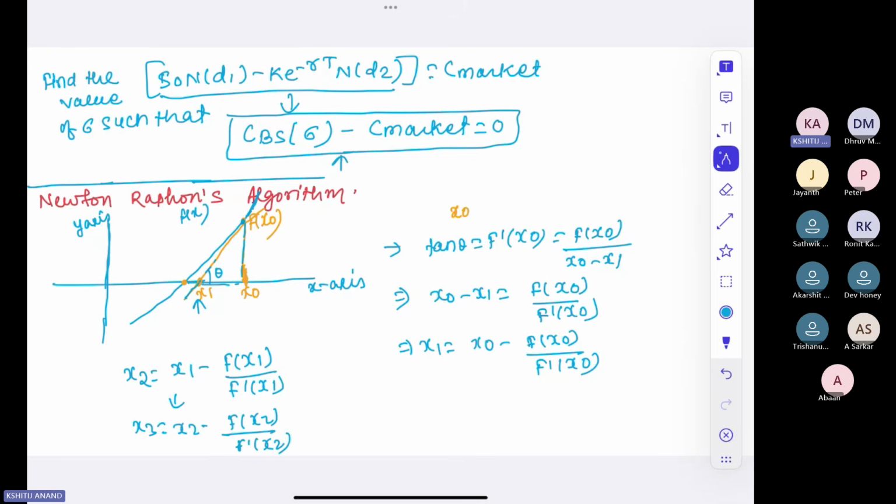So eventually you will reach closer to your goal. What will be your end goal? Your end goal will be to reach a place where f of xn is closer to 0. At that point, if you find that f of xn is sufficiently close to 0, you will say that okay, this is the root of this particular equation. Is that point clear, everyone?